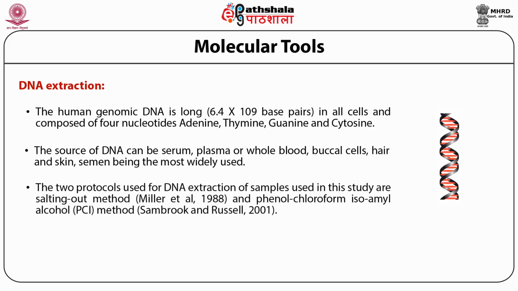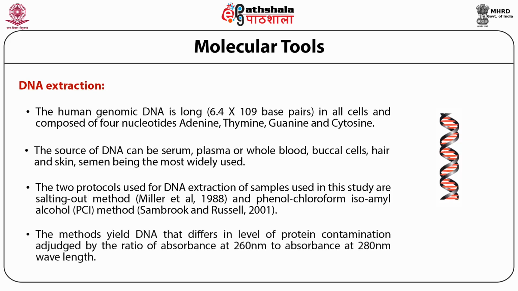The two protocols used for DNA extraction of samples used in this study are the salting out method as given by Miller et al. 1988 and the phenol chloroform isoamyl alcohol, that is PCI method, given by Sambrook and Russell in 2001. For few samples where the volume of blood is very less, a DNA extraction kit can be used.